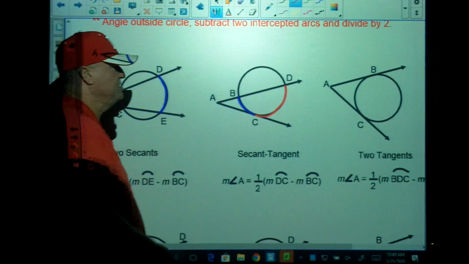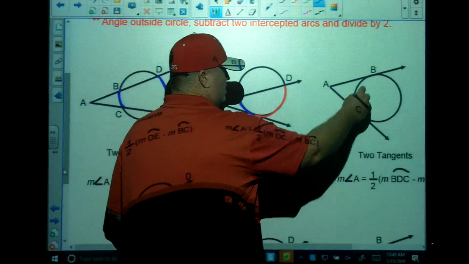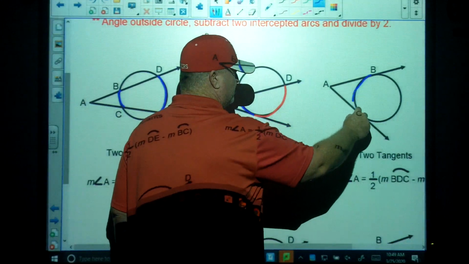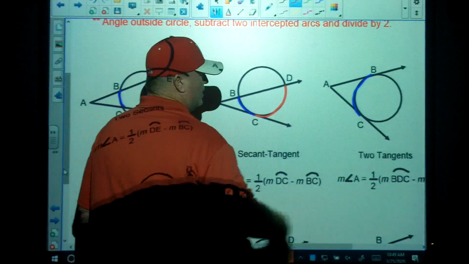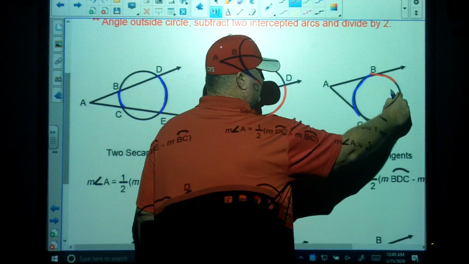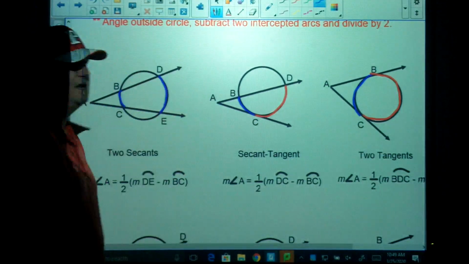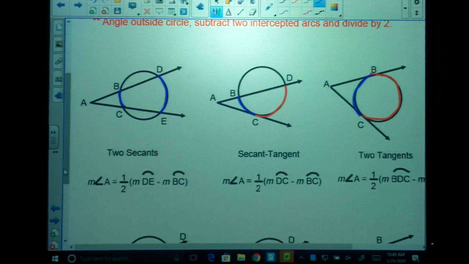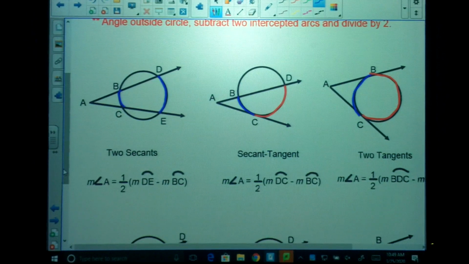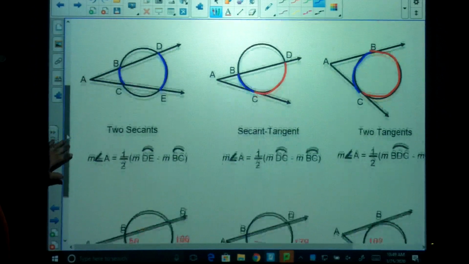When you have two tangents, you have this intercepted arc here and this intercepted arc here. Again, you find their measures, you subtract them, and you divide by 2.